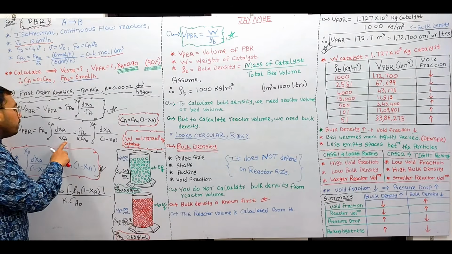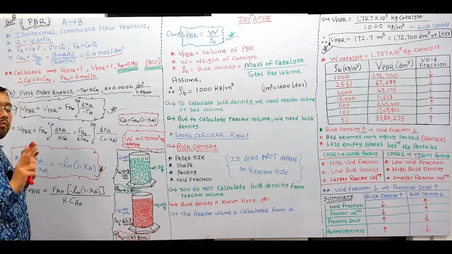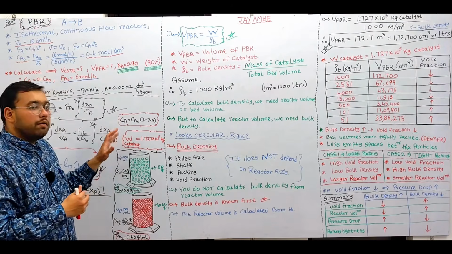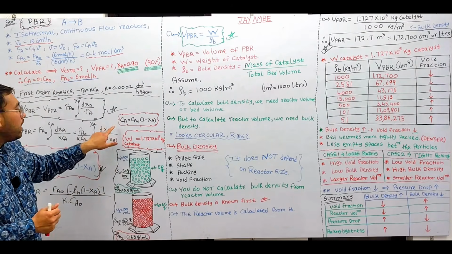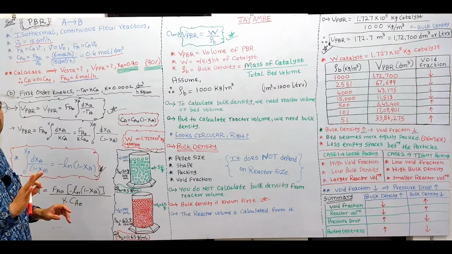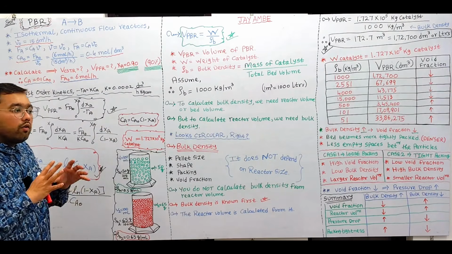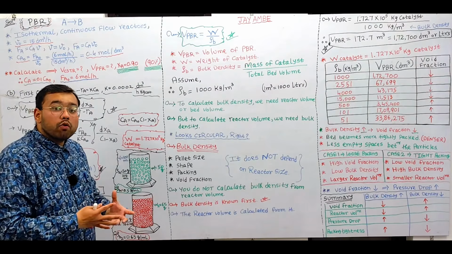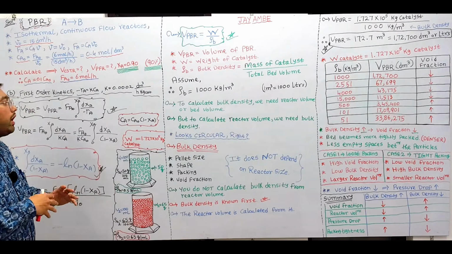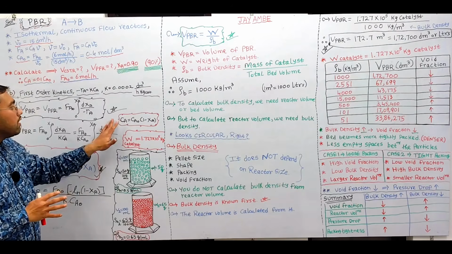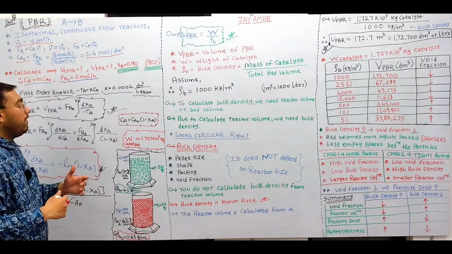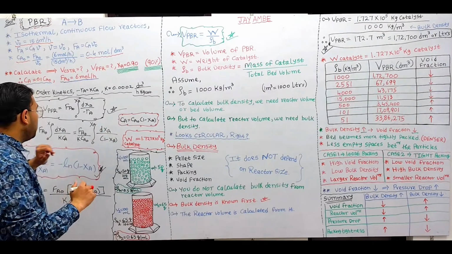Here we are going to use the second form of Ca, which represents the fundamental relationship and also defines the conversion. Always remember, in order to design the volume of packed bed reactors or plug flow reactors, to solve the integral forms, and to derive rate laws, we will always use the second form of Ca, which defines the conversion.